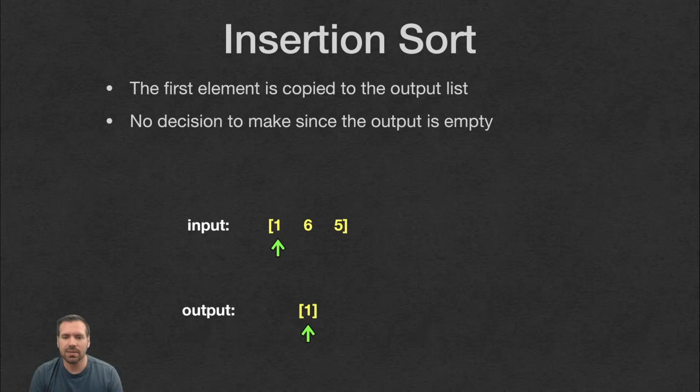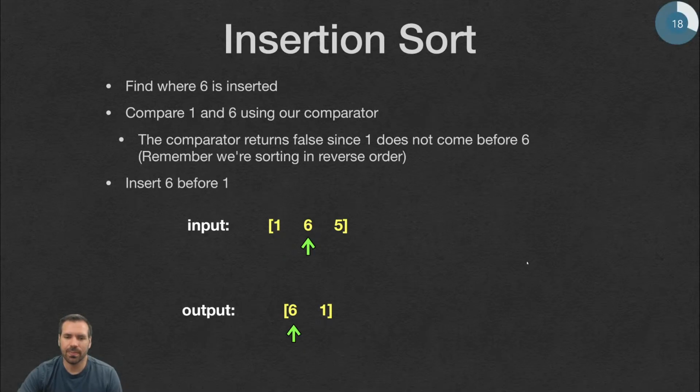So the number of elements that come before 6 is 0, and we're going to insert 6 at index 0. And if we follow this for every single value in the input, we're going to get our fully sorted order. By using our comparator and only comparing 2 values at a time, we can still get our fully sorted order.